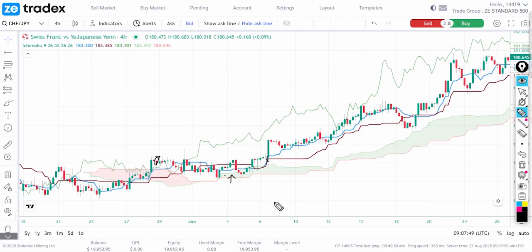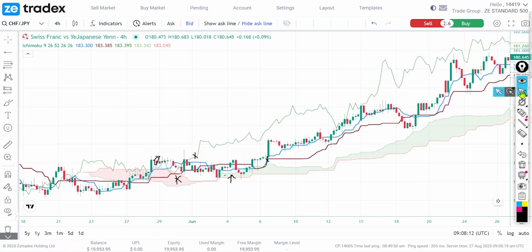The last rule is to see the lagging line above the cloud. Now we need to see this lagging line above this cloud. And when all these conditions are met, we go long or we buy.